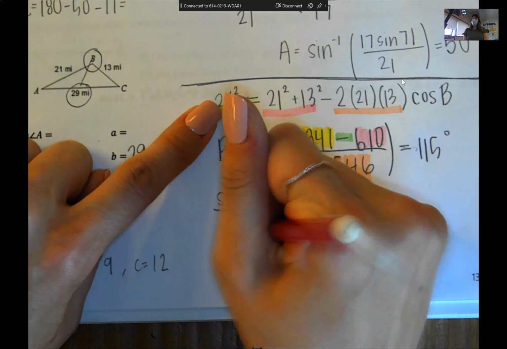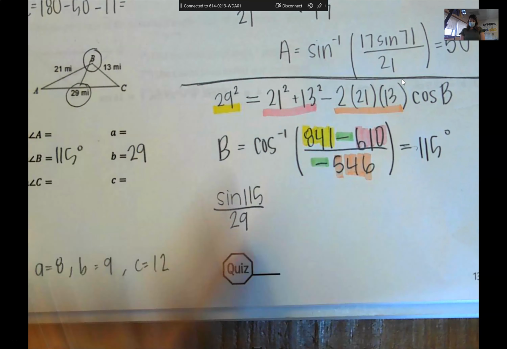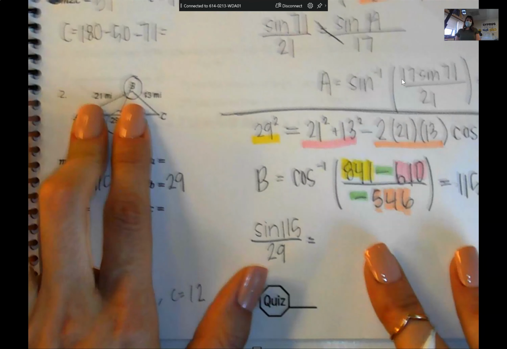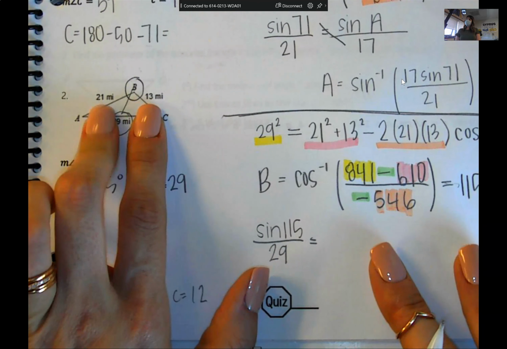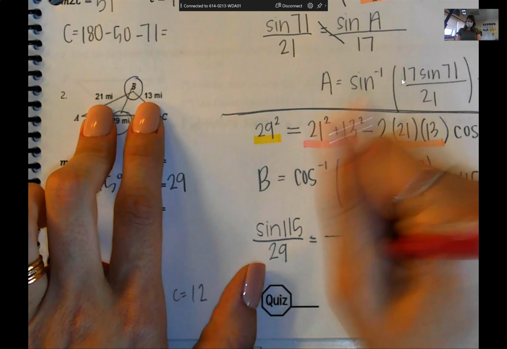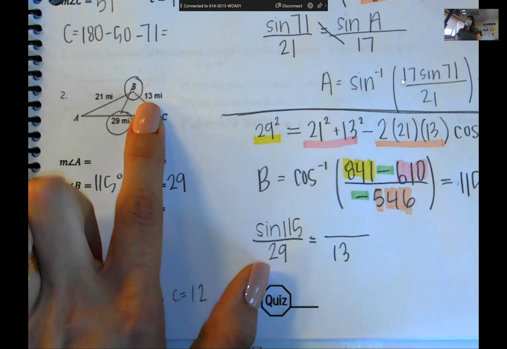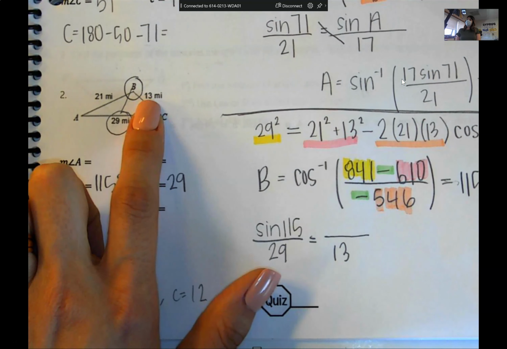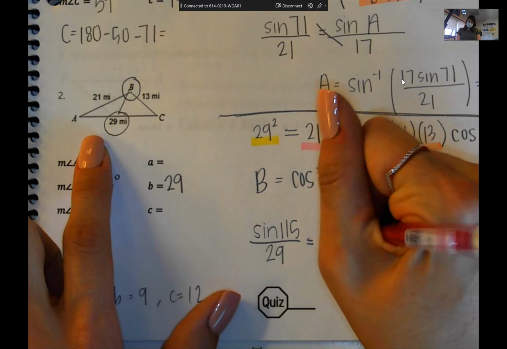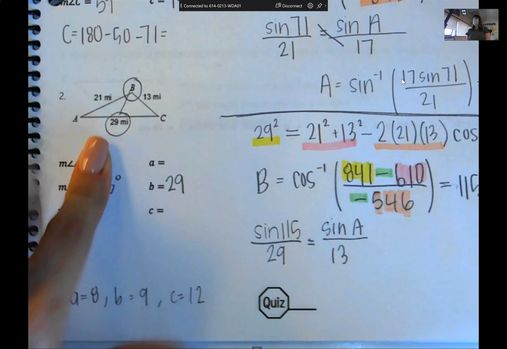That's its matching side. Equals, okay, of the two numbers that I have left, 13 is the smallest. So that's going to go in my bottom.